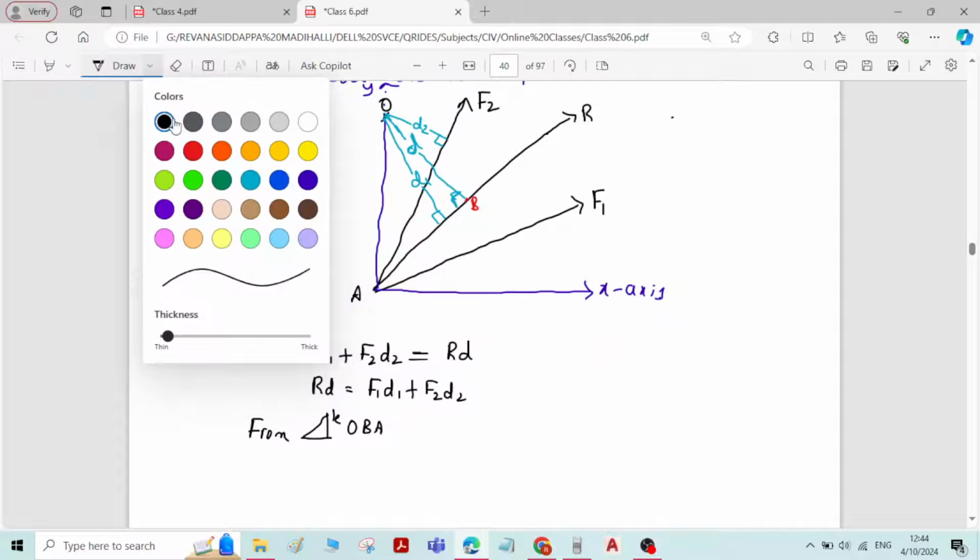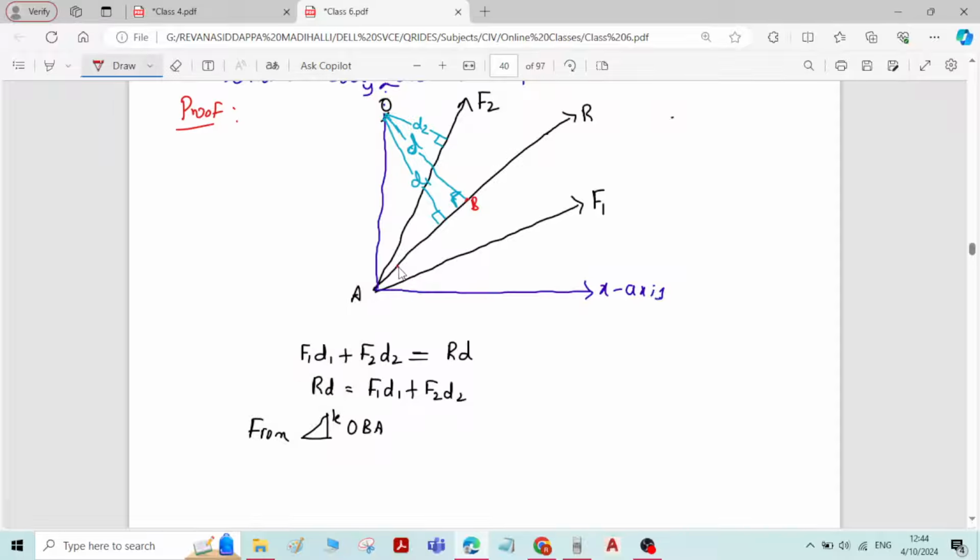Let us take theta as the horizontal inclination of the resultant force, meaning the angle of the resultant force with respect to the x-axis. Whatever the angle theta is here, the same angle will be there, so the angle AOB is equal to the angle theta formed by the resultant force with the x-axis.